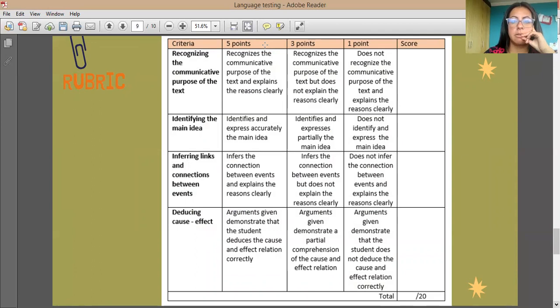So we have 5 points if the student recognizes the communicative purpose and explains the reasons, 3 points if he recognizes the purpose but does not explain the reasons clearly, and 1 point if he doesn't recognize the communicative purpose of the text and doesn't explain the reasons clearly. So I have described each one like this, and if he achieves the whole 5 points on each one, the final score is over 20.